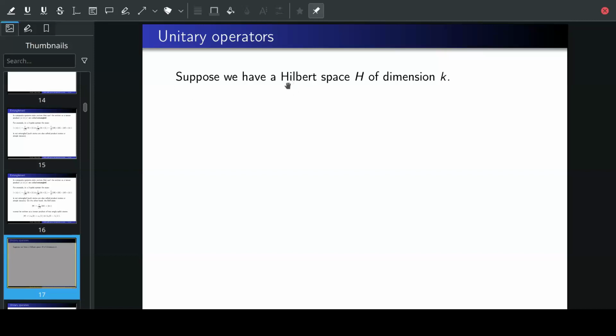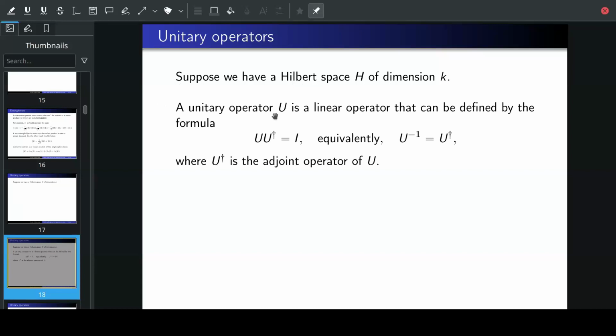Suppose we have some complex Hilbert space of dimension k. Then a unitary operator is just a linear operator that can be defined by this formula: we take U times the adjoint of U, and this should be equal to the identity matrix.